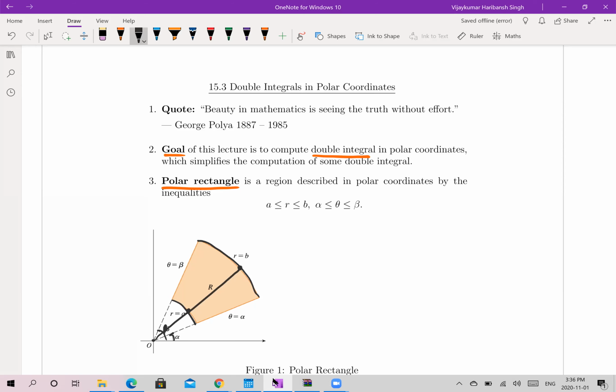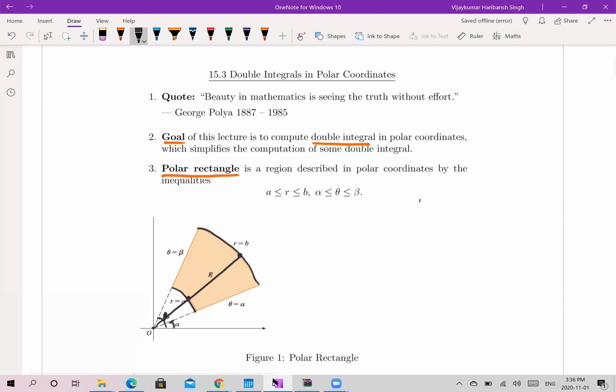Also recall the relation between the Cartesian and polar coordinates: x equals r cosine of theta, y equals r sine of theta. So if you're given r and theta, you can go to xy using this.